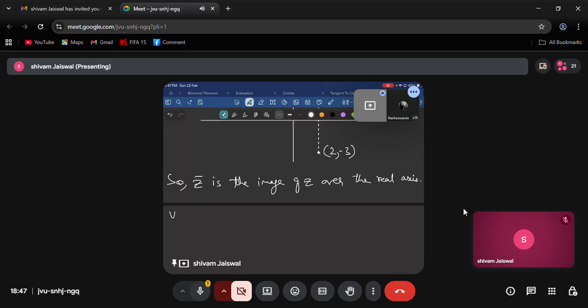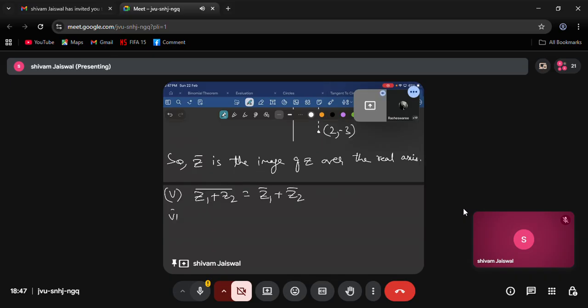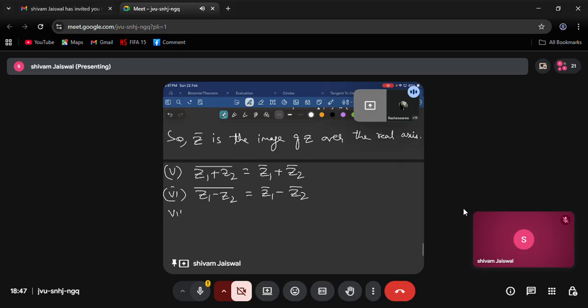Okay, number 5. z1 plus z2 whole bar will be equal to z1 bar plus z2 bar. Next, number 6. z1 minus z2 whole bar will also be equal to z1 bar minus z2 bar. Number 7. z1 into z2 whole bar is equal to z1 bar into z2 bar.